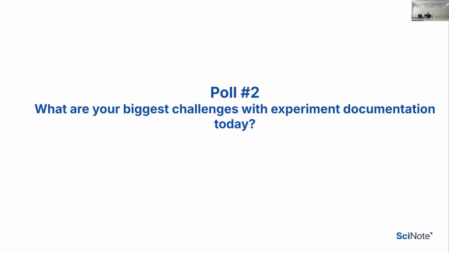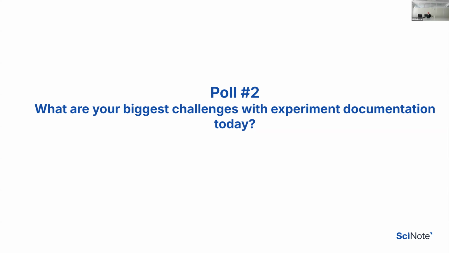And then we have quite a lot with poor audit and compliance readiness as well. So this is interesting, but makes sense. It's terrible when you want to do more science, but actually you need to do more on the documentation side. Okay, I'll stop sharing my screen, the poll, and let's jump into the next part of it.